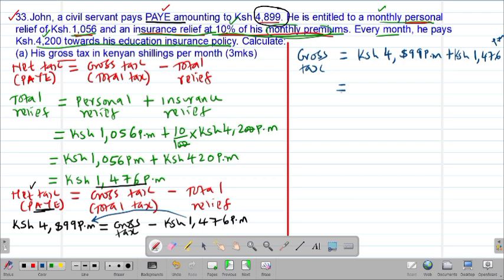So if you take 4,899 plus 1,476, your calculator will give you a gross tax equivalent to 6,375 Kenya shillings per month. Therefore, this was the gross tax.